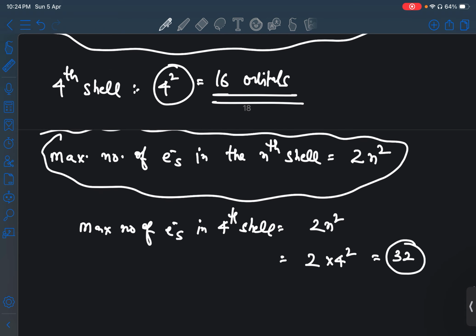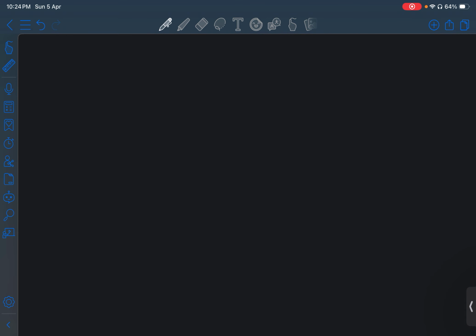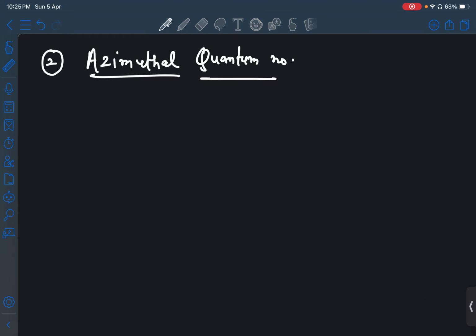Now let's move towards the next quantum number, which is called the azimuthal quantum number. Very, very important. It is also called the angular momentum quantum number.